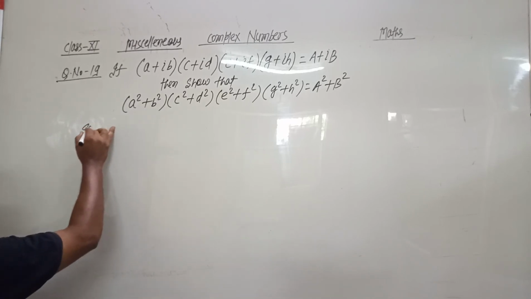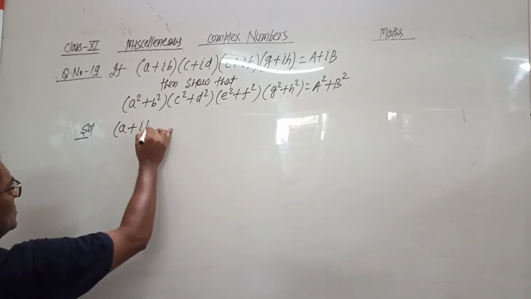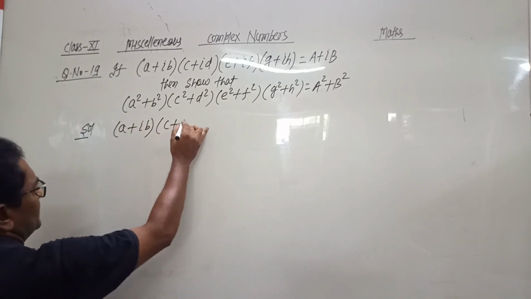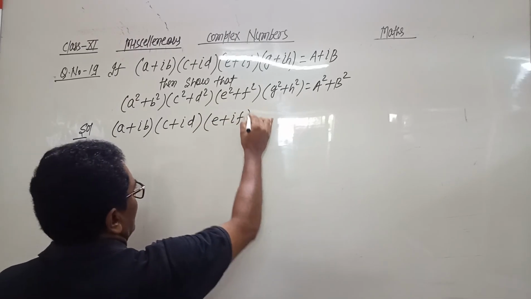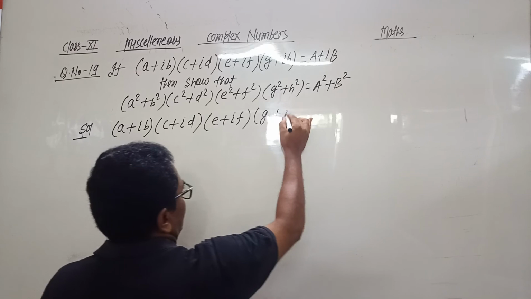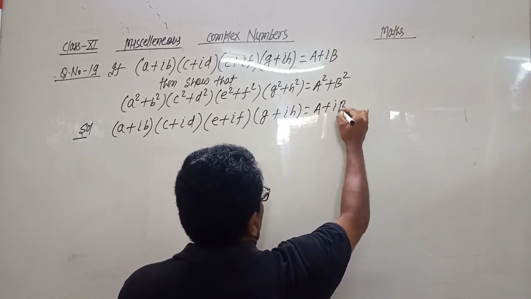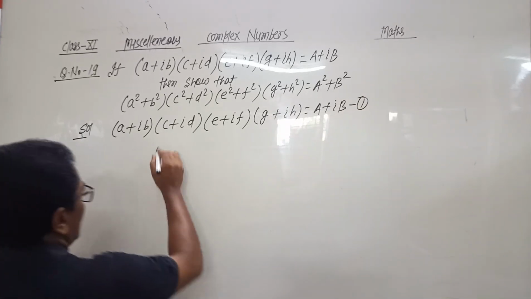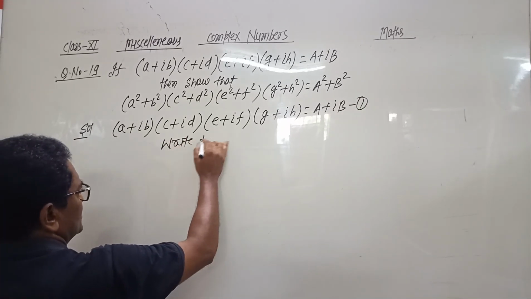So let us see how to do the equation which we have been given. (a plus iota b)(c plus iota d)(e plus iota f)(g plus iota h) is equal to A plus iota B. Name this the first equation and write the conjugate of all these expressions.